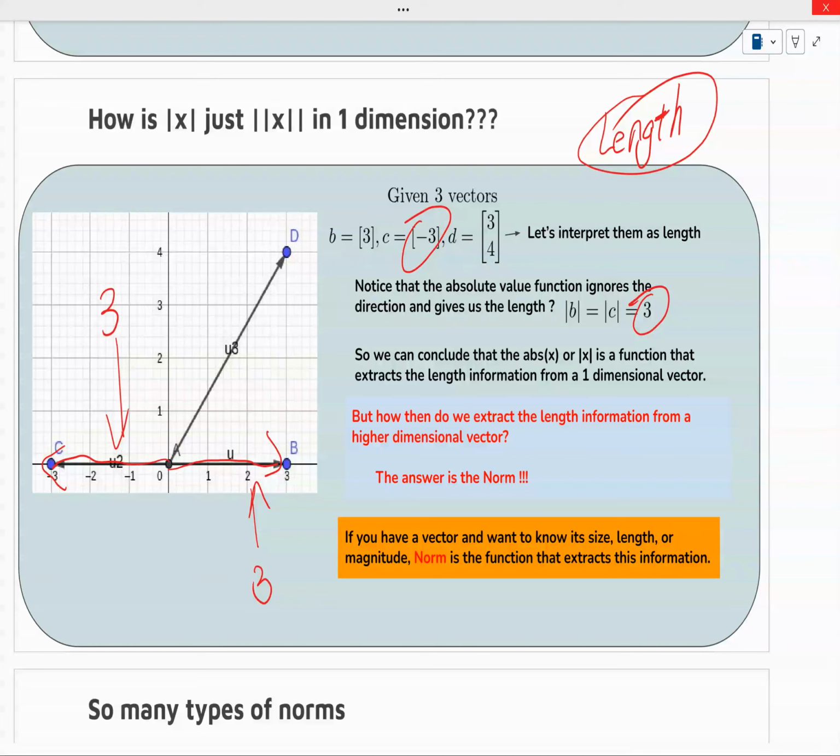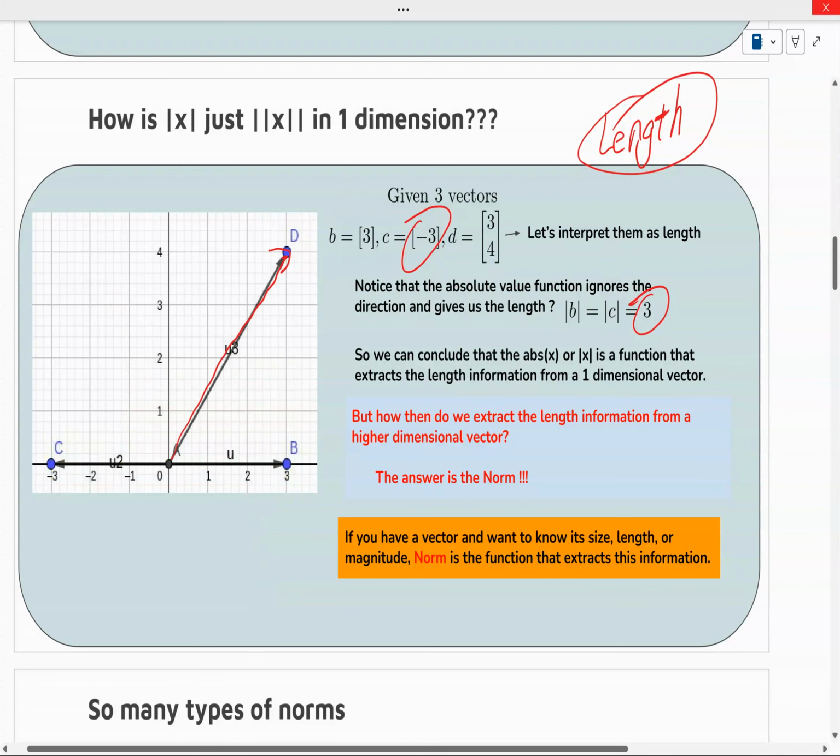Now, that's for one dimension. What if we have a higher dimension, such as this one? So this is 3, 4. When you move on to a higher dimension, therefore dealing with a vector of more than one dimension, that's when we want to use norm.